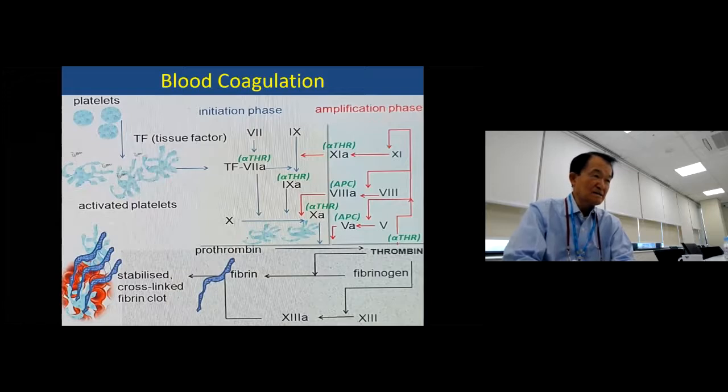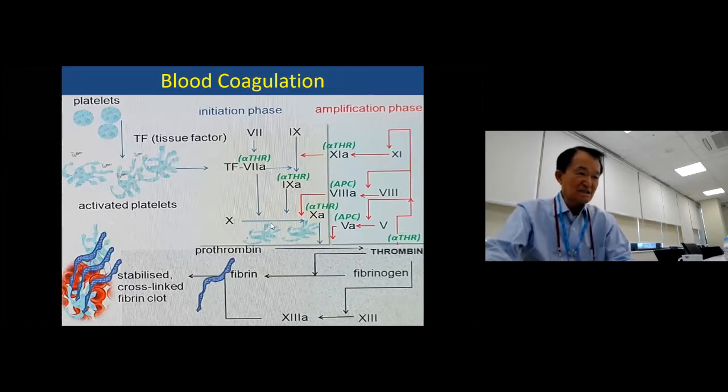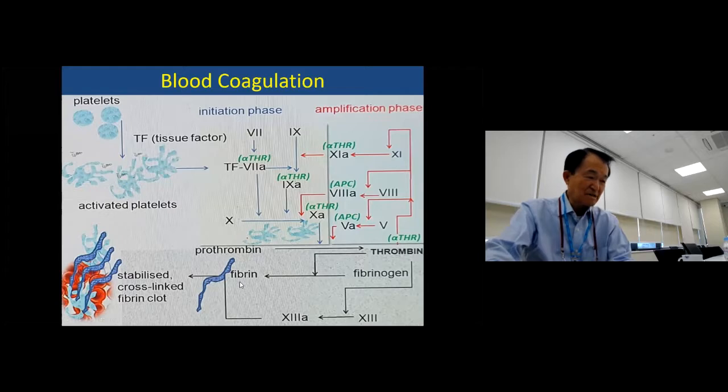Certain factors initiate after platelets accumulate and are activated, and then factor 7, 9 is initiated and then amplified with the other factors, 8, 9, and then prothrombin is converted to thrombin, fibrinogen becomes fibrin, and then clot formation.